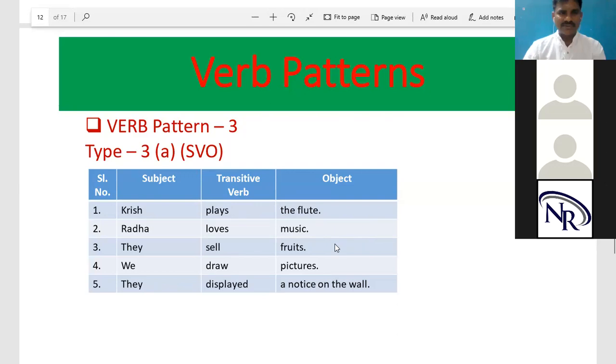Shivani, say one example on the SVO model. Meghana drinks coffee regularly. Right. Next one. Nandini, say one example. Rishka listens class, sir.